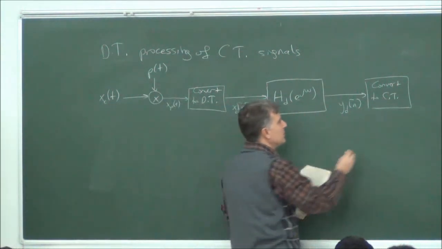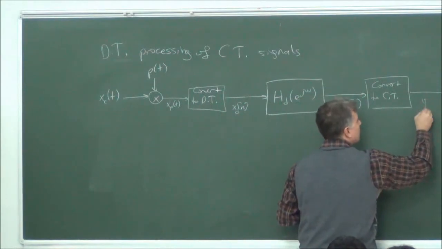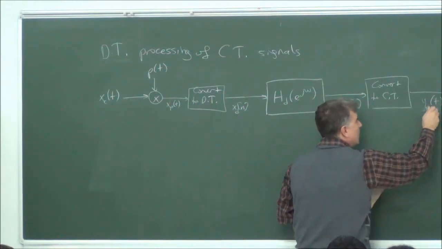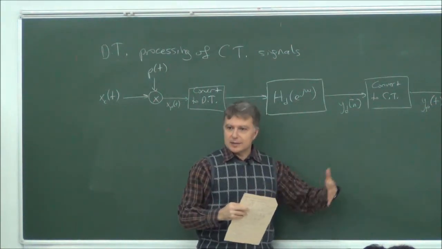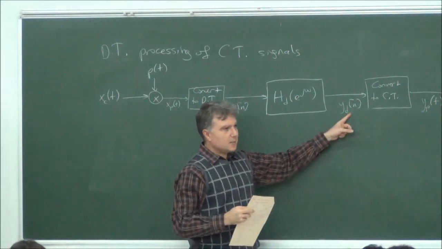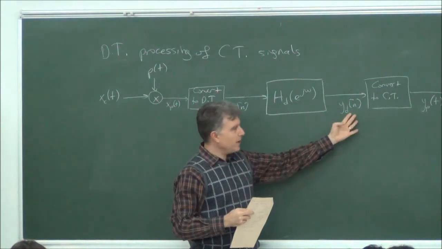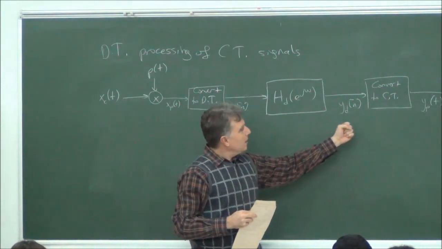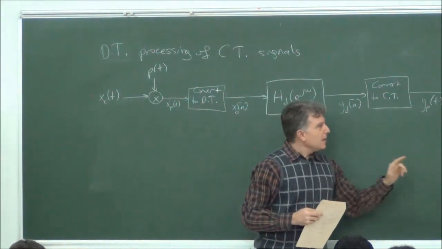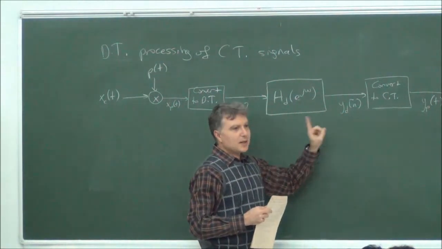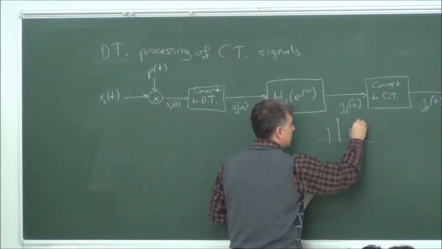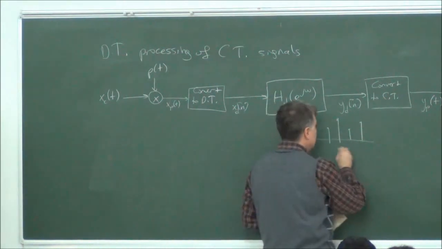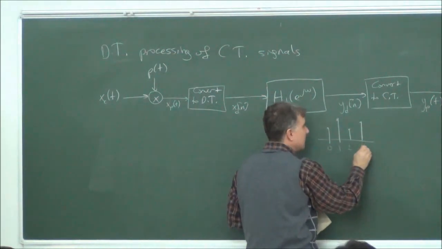So the output of this one is yp of t, which is continuous time, but it consists of impulses. These were discrete time samples, like a vector here, but these are impulses. The separation between these samples are 1, like this. The separation, so this is 0, 1, 2, 3.